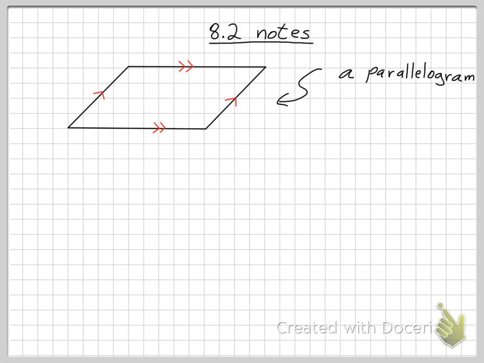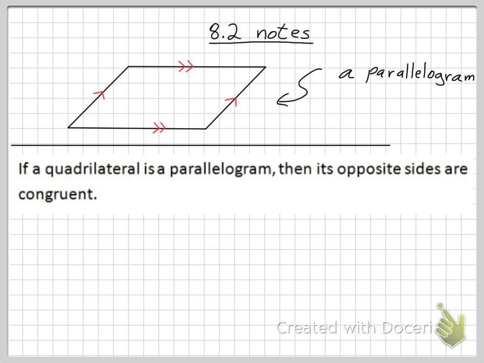Okay, so today's notes is going to be regarding properties of parallelograms, and the first one is this first theorem: if a quadrilateral is a parallelogram, then its opposite sides are congruent. So if you have a parallelogram, then its opposite sides are congruent.